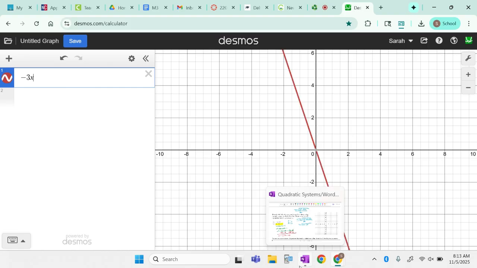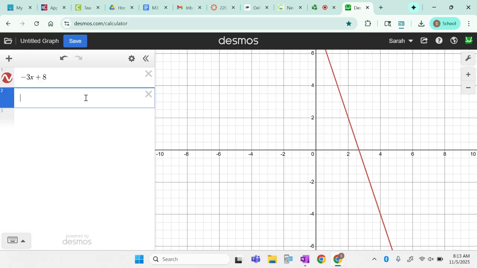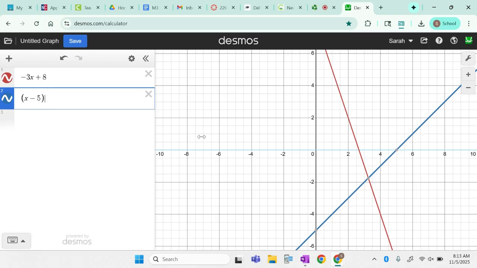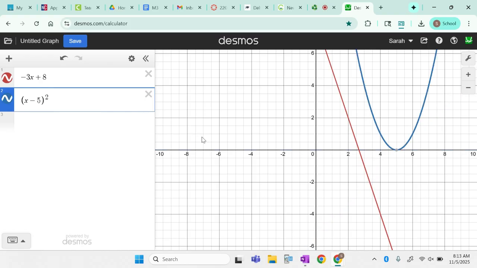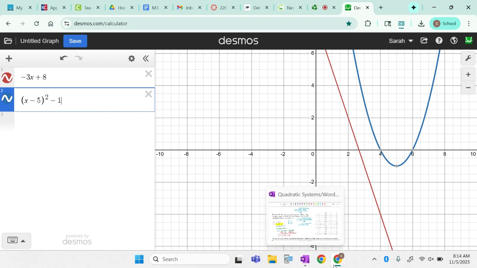So negative 3x plus 8, and then x minus 5 squared minus 1. Okay, so yeah, that's what I thought. Yeah, it has. So why am I getting... No. I know what it is. Okay. So that's what I thought.